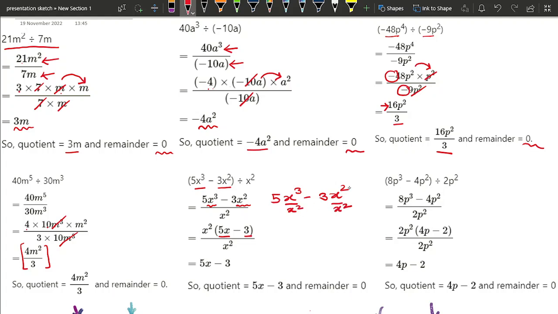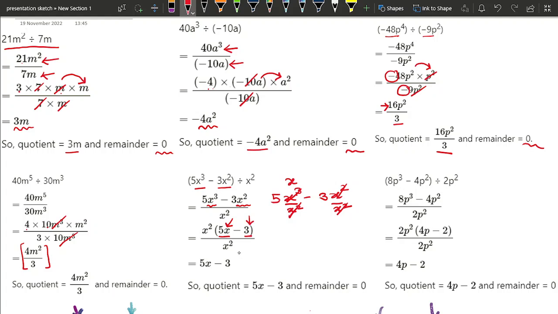So in the second term, this x square and x square will get cancelled. It will get divided completely. But here it is x cube upon x square. So after division, what will be left? Nothing but x.